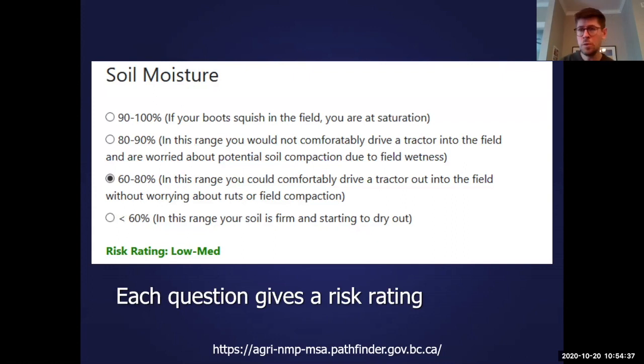And so this is one of the areas where we've done a lot of work trying to figure out, okay, how do we simplify or make this process as user-friendly for growers as possible? When we work at developing these tools, we show these questions and the tools to growers to try and get their feedback on, does this make sense to you? Are these categories easy ones that you can quickly pick from?